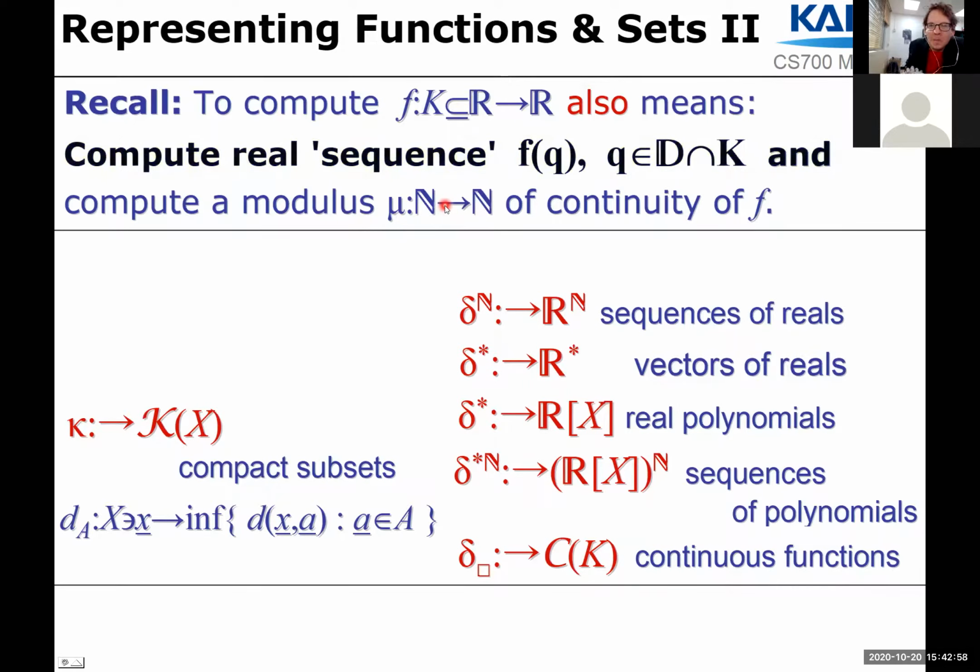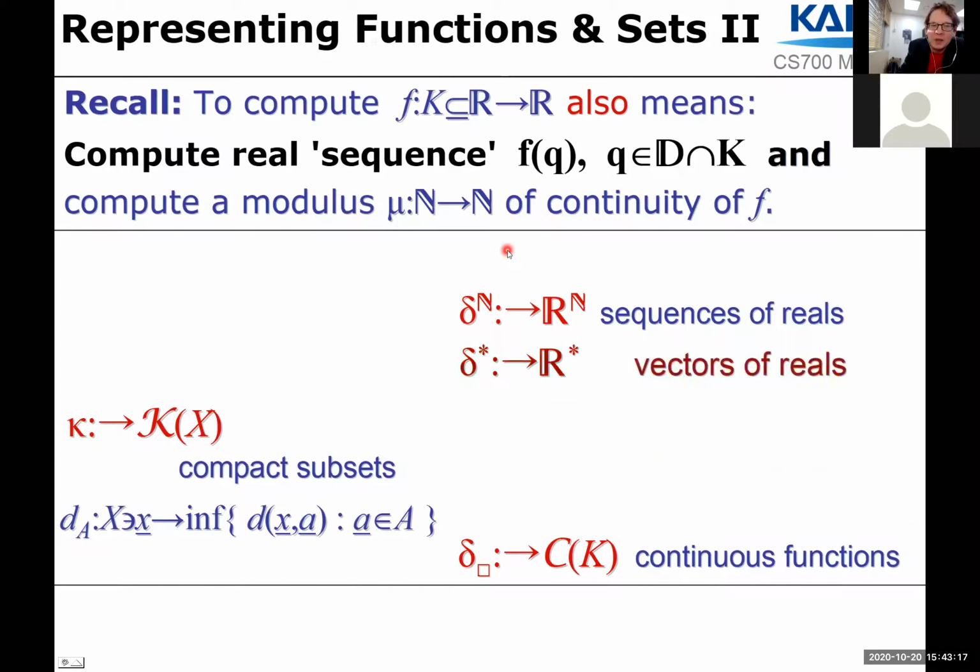So this equivalent definition, non-uniform equivalent definition, also gives rise to a representation of continuous real functions. Namely, we already have a representation for all sequences of real numbers, and here's such a sequence of real numbers. So if we have a sequence of real numbers in this sense, and then encode that, we define this to be a name, the delta-filled box name, of the continuous function.